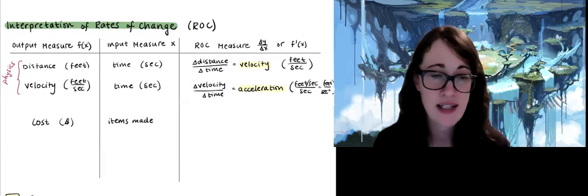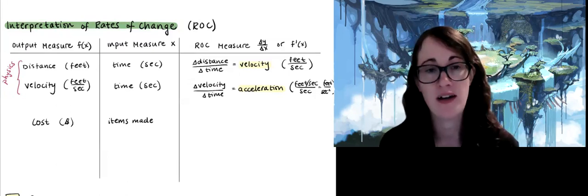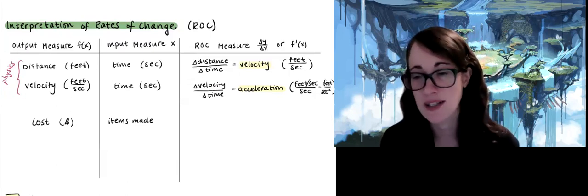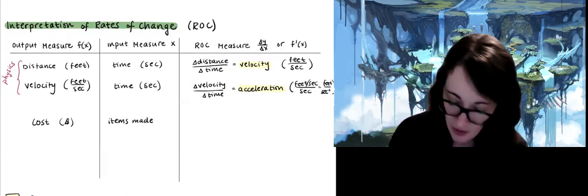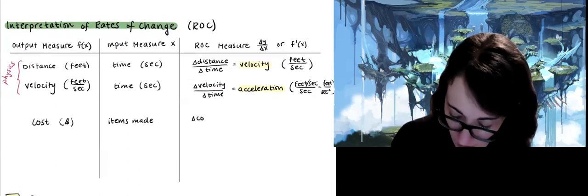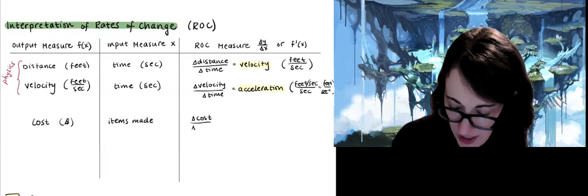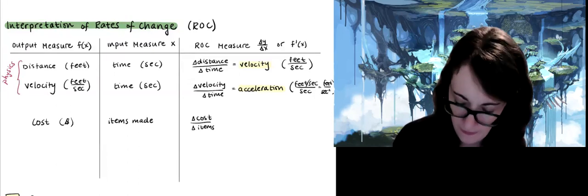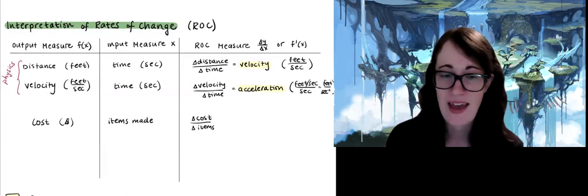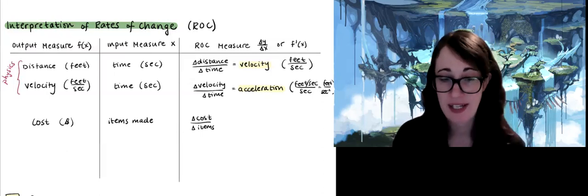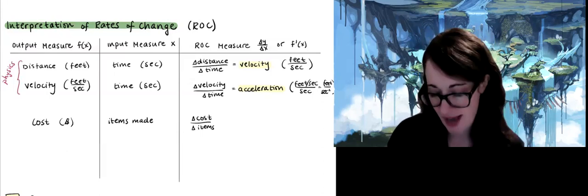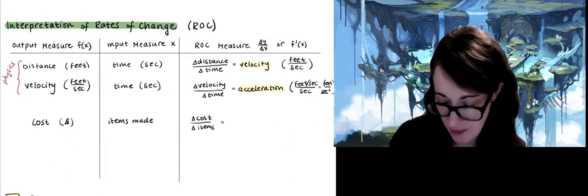If you wanted to find the rate of change, either average or instantaneous, that's going to be change in cost over change in items. That has a particular meaning, and it's used a lot. So it has a vocabulary term associated with it.